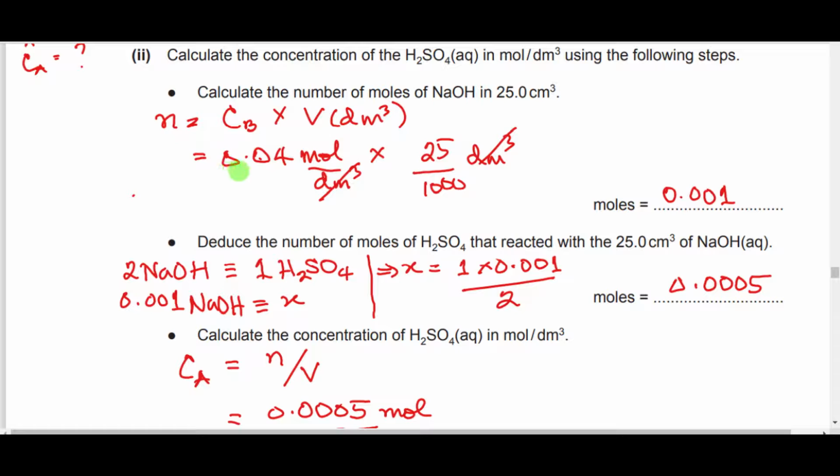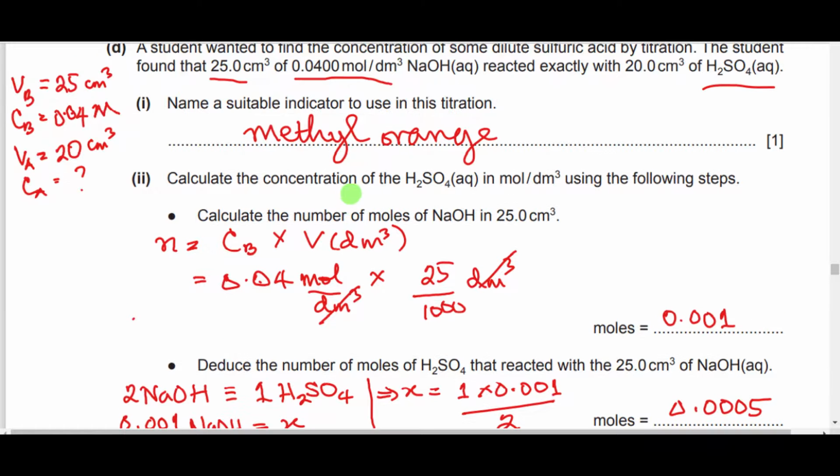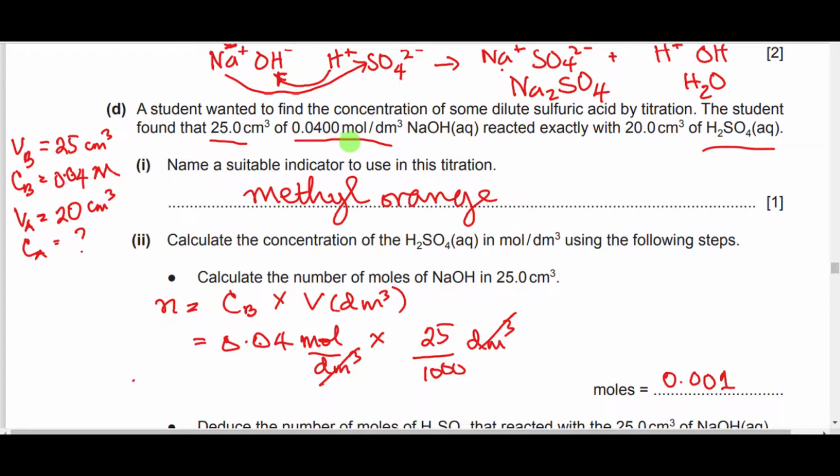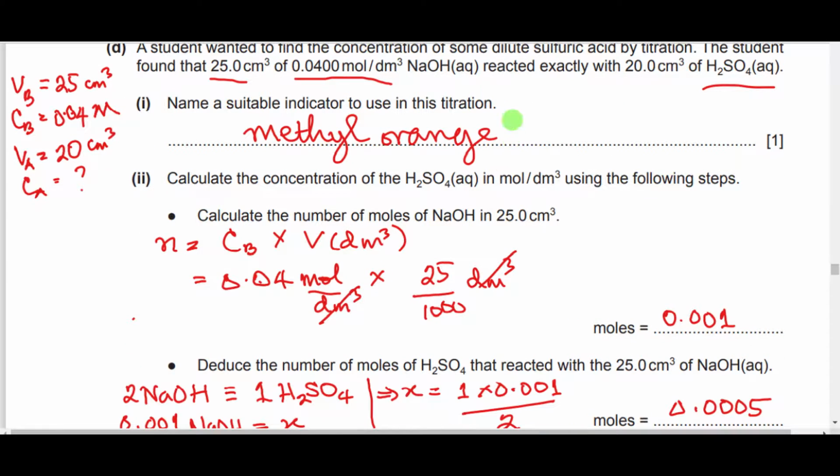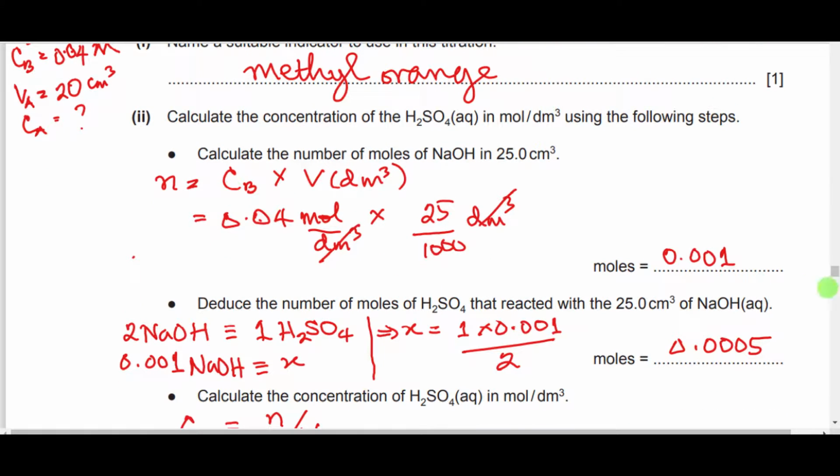The concentration of the base is 0.04 moles per dm cube as given in the question, and its volume is 25 cm cube, which we convert to dm cube by dividing by 1000, since 1000 cm cube make 1 dm cube. If we evaluate that, we get 0.001 mole.